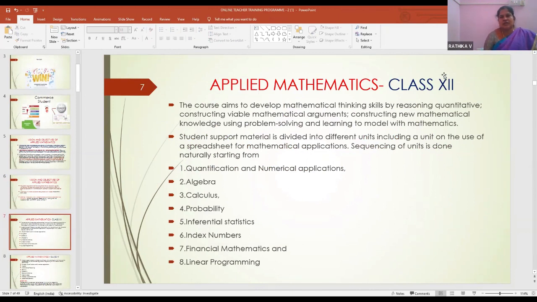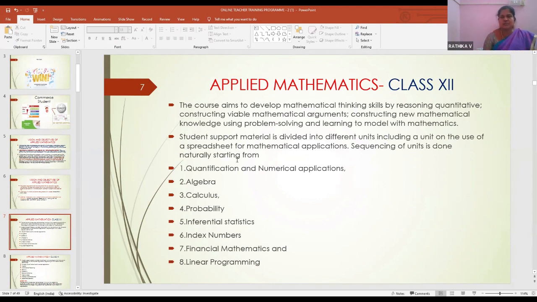So this is the class 12 syllabus alone I have taken. And here we don't have any NCERT textbook as we have in science mathematics. We have to say code number 041 mathematics, so that is just called mathematics. This is applied mathematics. When we compare with the mathematics syllabus, there we have a textbook and support material separately.